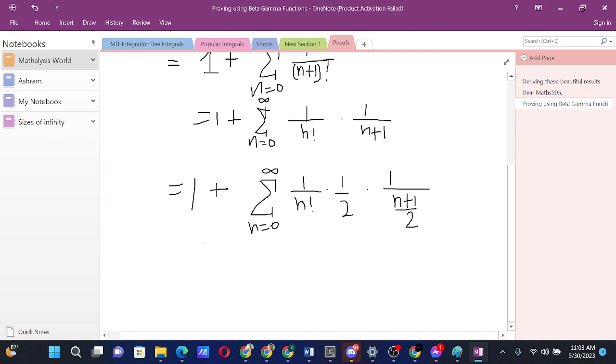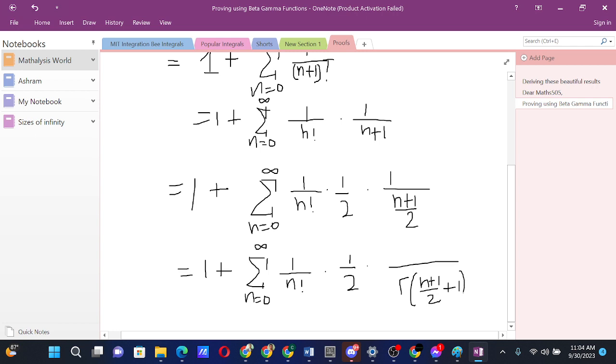This is my next step, and the next step after this will be 1 plus the summation from n equals 0 to infinity of 1 by n factorial dot 1 by 2 dot, and then over here I have gamma of n plus 1 by 2 plus 1, that is the factorial of this number, and over here gamma of n plus 1 by 2, which is the factorial of a number 1 less than this, and over here I can write gamma 1. So this is just equal to the original expression.